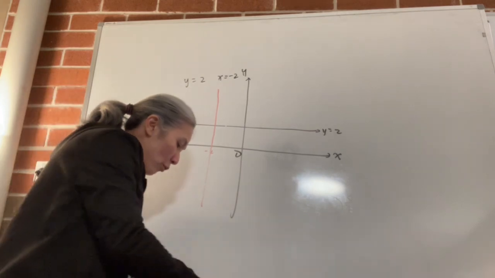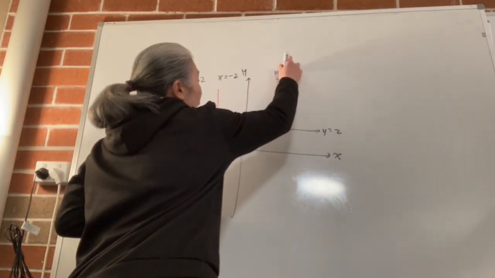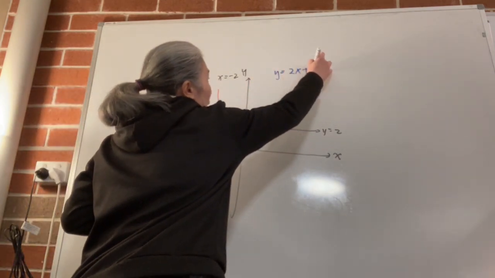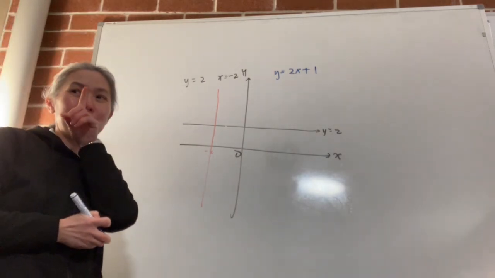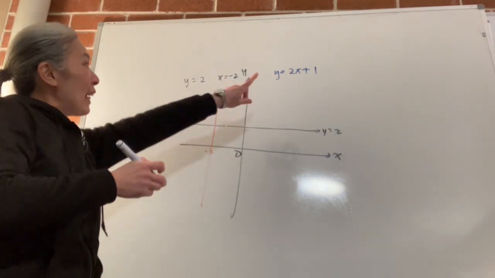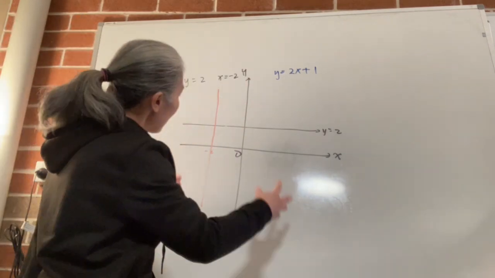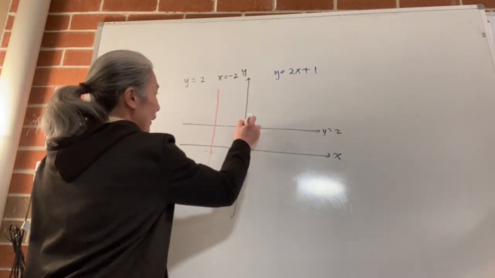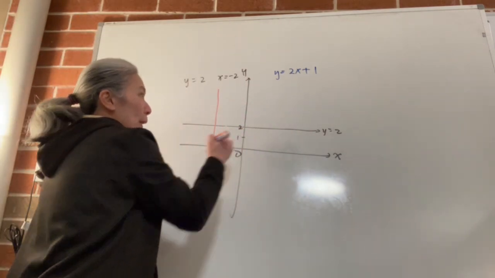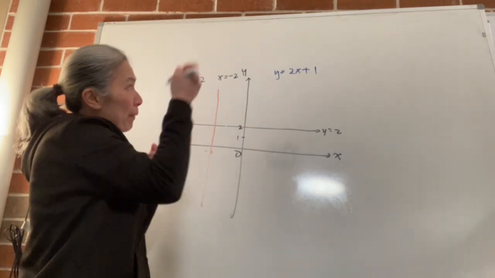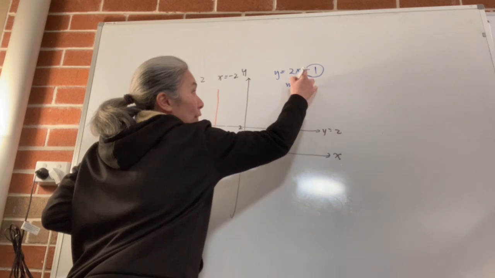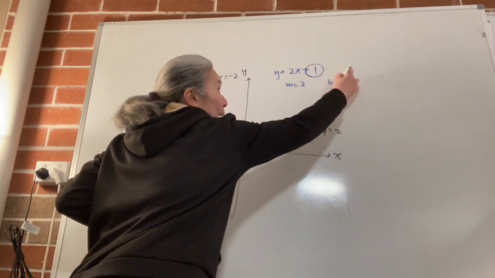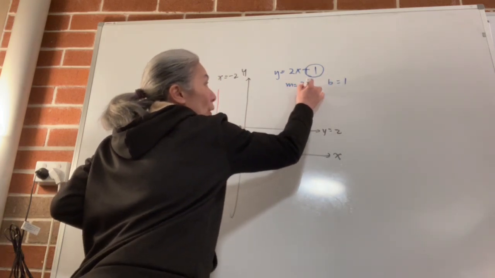And if I want you to sketch y equal to 2x plus 1, how do you sketch it? What's the first thing to do? Find the y-intercept. Yes, find b. Okay, so this is my 2 from previous. That means 1 should be here. So I put my pen on the y-intercept. Remember, the gradient is 2, the b is 1. 2 means 2 over 1.